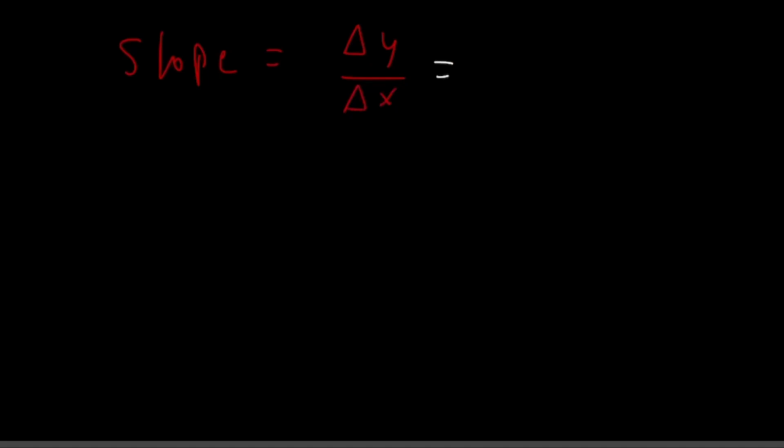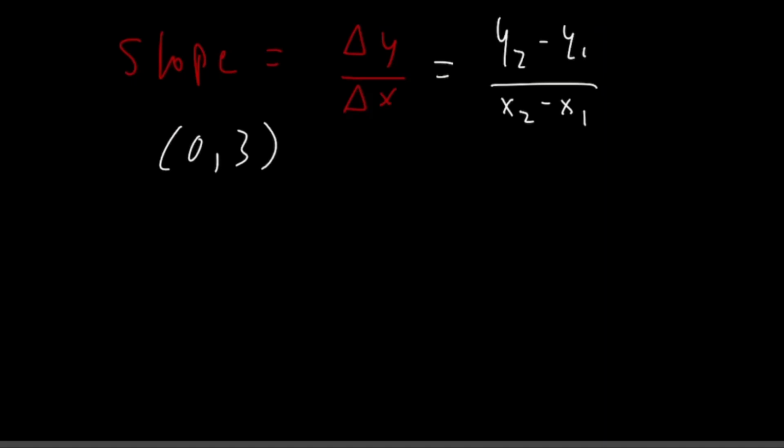This simply means the second y term minus the first y term over the second x term minus the first x term, right? y2 minus y1 over x2 minus x1. So let's give an example.